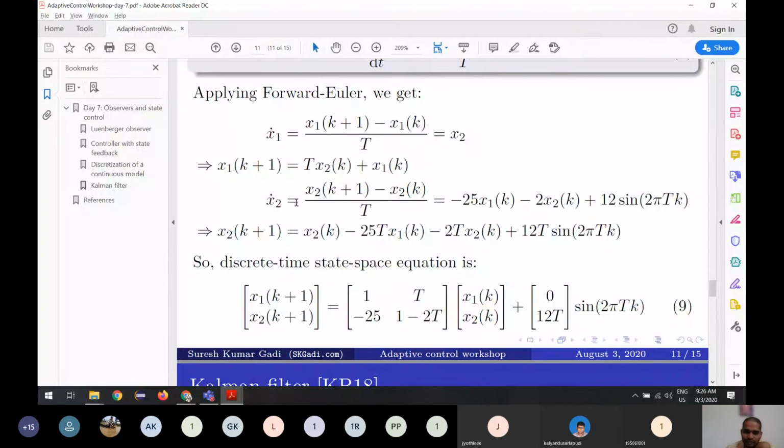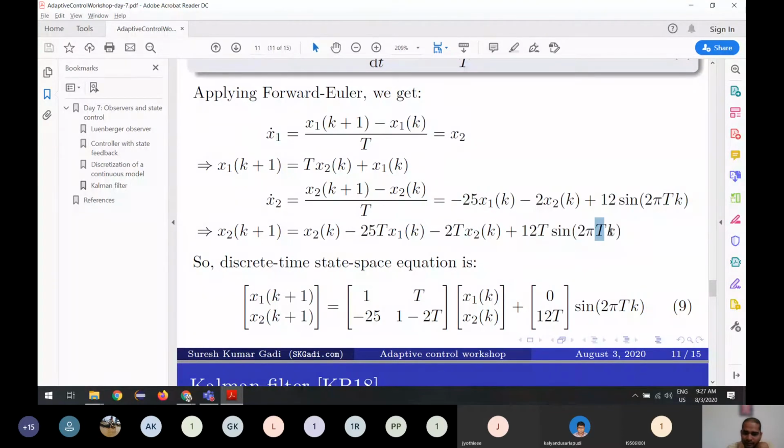Applying the Euler method to x2, we write the future value minus the present value divided by the sampling time. Reorganizing, the future value of x2 is equal to the present value of x2, plus the present value of x1 multiplied by the sampling time t and by minus 25, plus x2 present value times t times minus 2, plus the present input value, which is sine 2 pi.